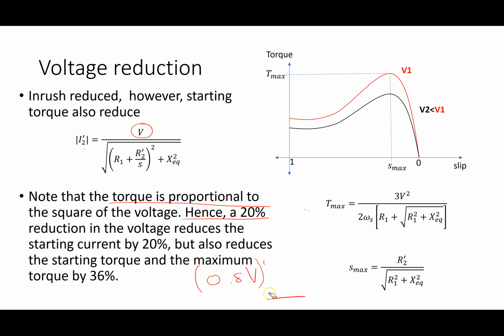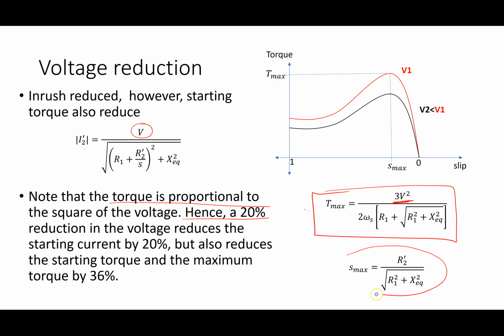So if we look at how the characteristic would change, we'll see that Tmax changes according to the voltage. It changes with the square of the voltage, so if we reduce the voltage, we get a reduction in Tmax. But what about the point at which this occurs? Does it change?